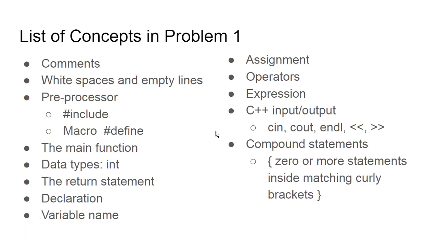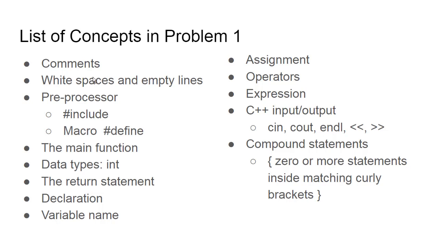Okay, so I think we've covered all the concepts that we encountered in the solution code for problem 1. There are actually quite a lot of them. So comments, white space, empty line. The way C++ uses white space is known as a freeform style. So essentially, where you place your code, how much white space, how you do indentation, those don't really matter.